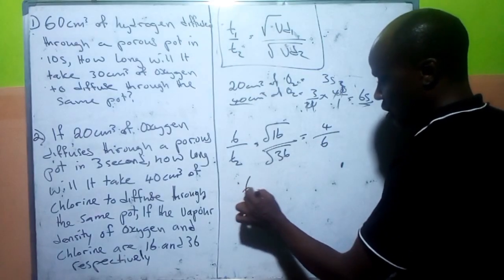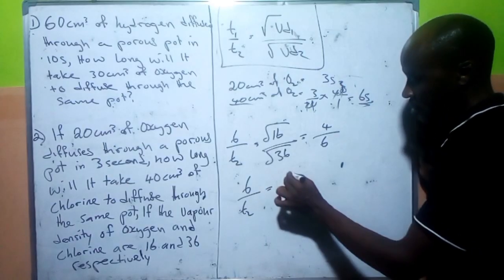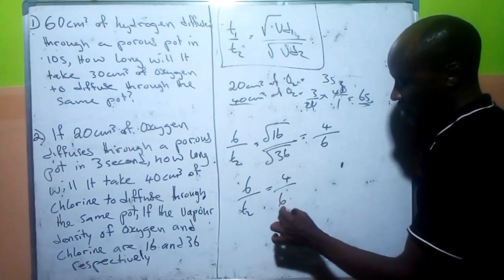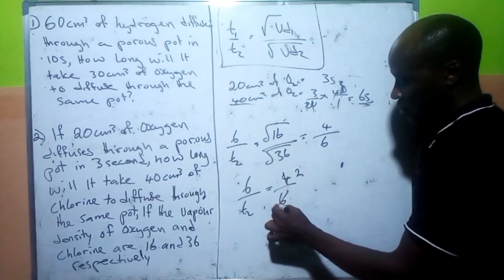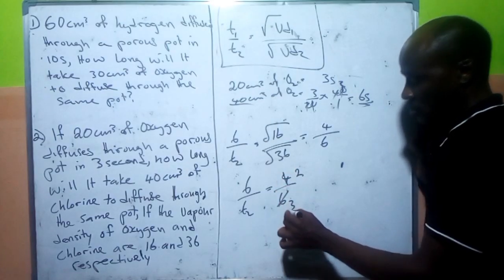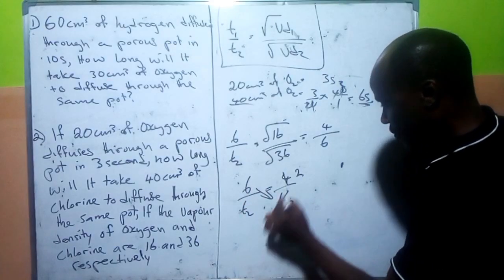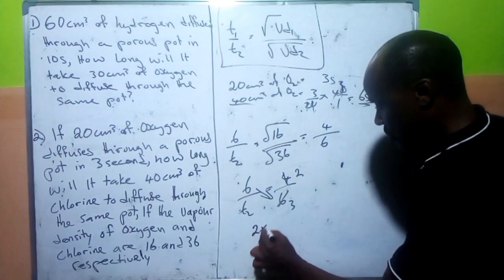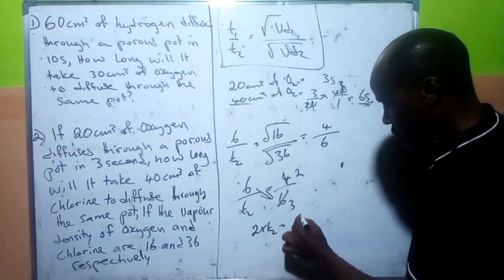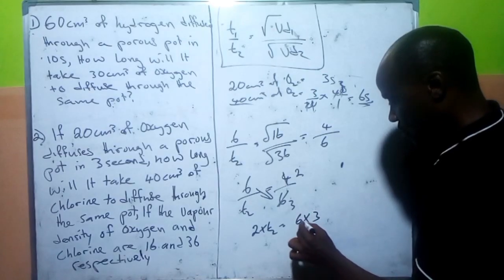So what we do here is 6 over T2, squared, I believe you're following, equals 4 over 6. This can also cancel. We have a 2. This cancels here. We have a 3. So when we cross multiply this, 6 multiply 3, and 2 multiply T2. 2 times T2 is equal to 6 times 3.